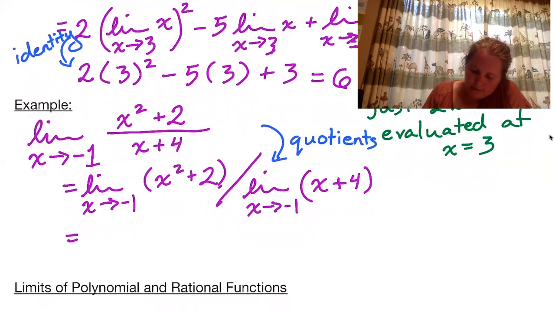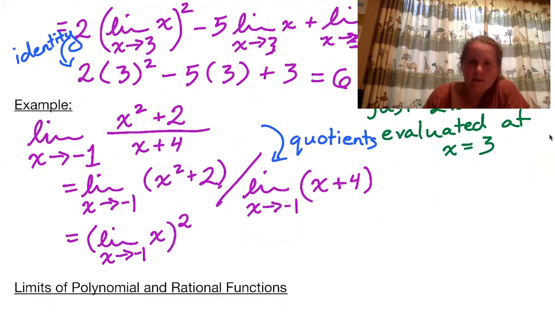Then this becomes, we can split it out. I'm going to go quickly. So we have the limit as x approaches -1 of x, that whole thing squared, plus the limit as x approaches -1 of 2.